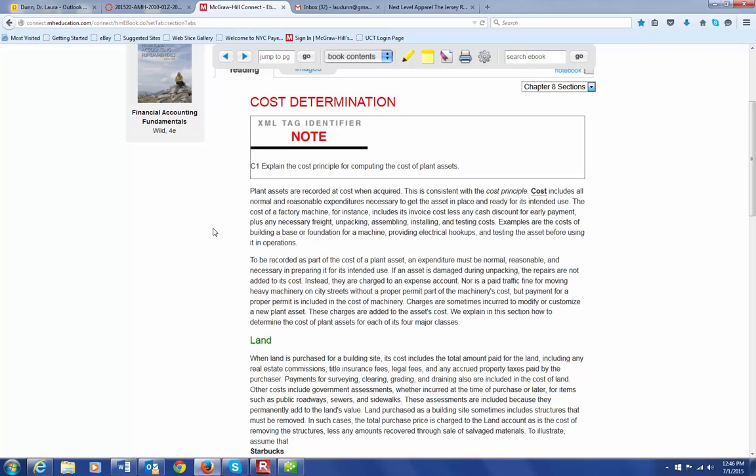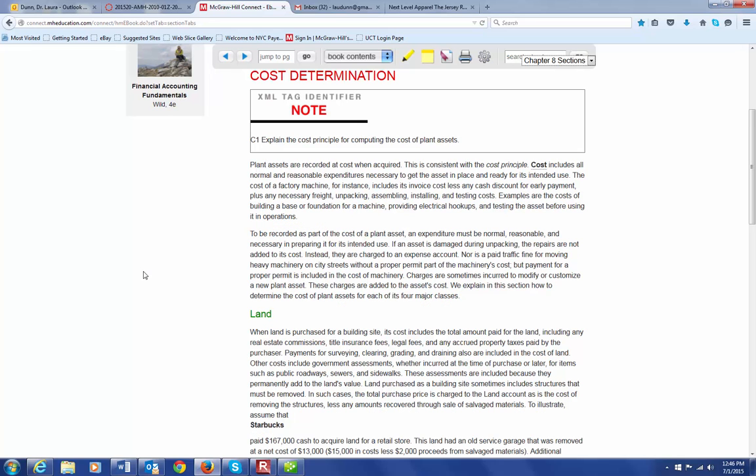First of all, a plant asset is recorded at cost when you acquire it. So when you buy a factory for a particular price, you record it at that price. That's what you paid for it. This is consistent with the cost principle in accounting. But what is the cost? The cost includes all normal and reasonable expenditures necessary to get the asset in place and ready for its intended use.